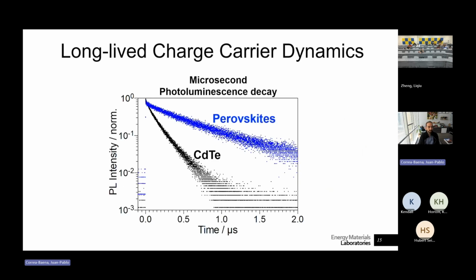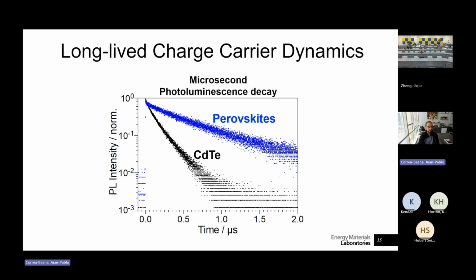That's basically what gives rise to these very impressive properties of perovskites compared to cadmium telluride. So here's the photoluminescence of two materials, perovskites and cadmium telluride. And you can see that perovskites are even better than cadmium telluride. And we're using very dirty processing to make this perovskite, so that means that we have a lot of defects. But they're not bothered by those defects. Perovskites don't really care about those defects. Cadmium telluride does.